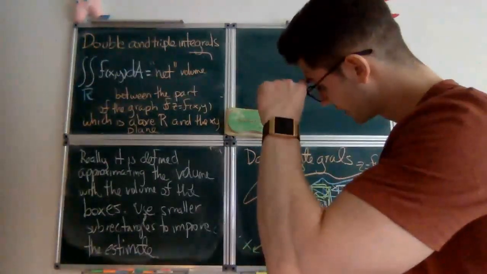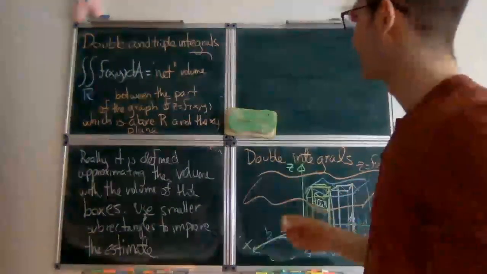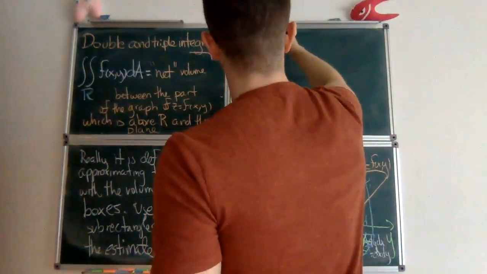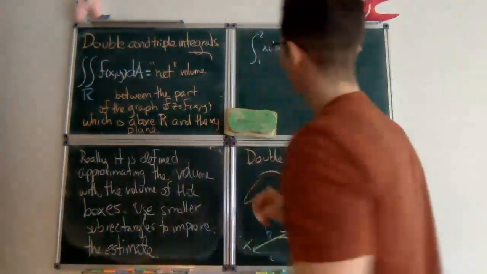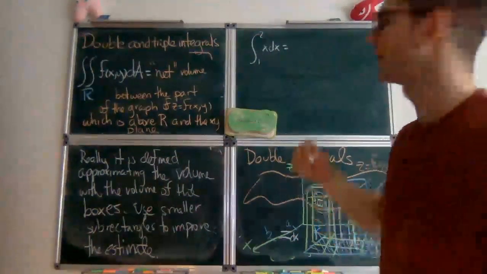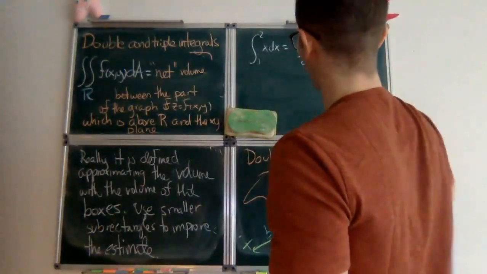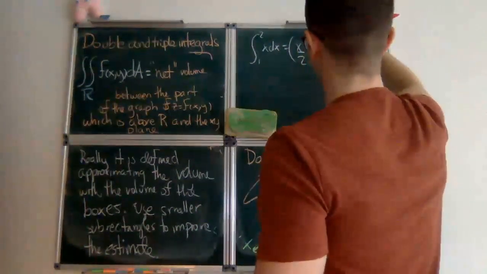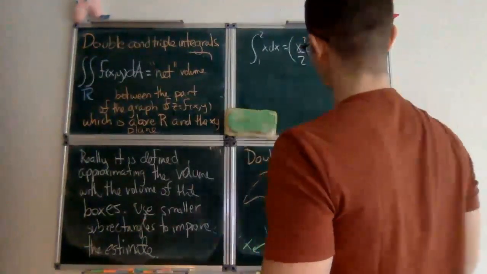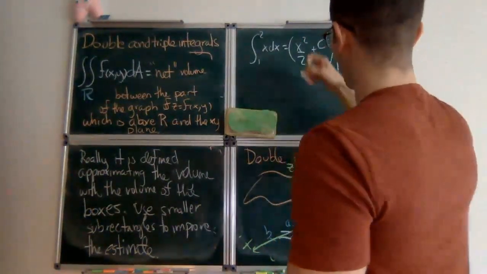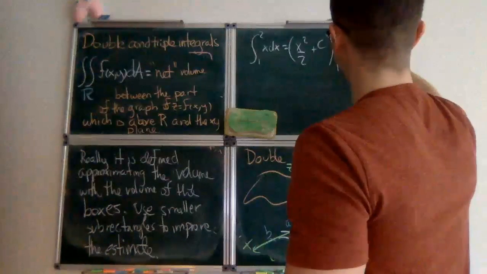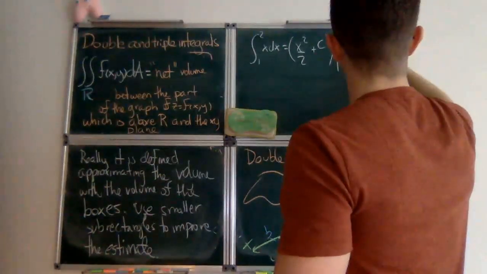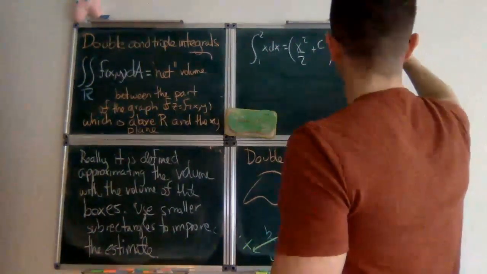So for example, before, when you were trying to find something like the integral from 1 to 2 of x dx, what you would do is find the antiderivative first, x squared over 2 plus c, and evaluate that at x equals 2, x equals 1, and so that would give you 4 over 2, that's 2, and then you would subtract 1/2, and then that gives you 3/2.